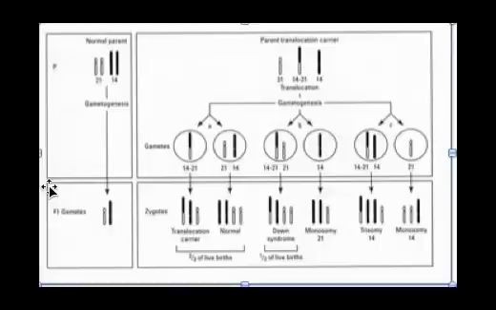In this particular case, it's not non-disjunction, but a chromosomal abnormality or mutation called a translocation, which is where one portion of a chromosome breaks off and fuses with a portion of another chromosome. And this translocation, if there's sufficient chromosomal material, can cause similar results in appearance to a trisomy.